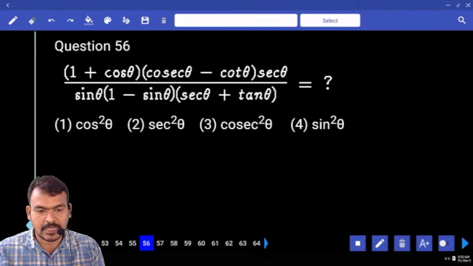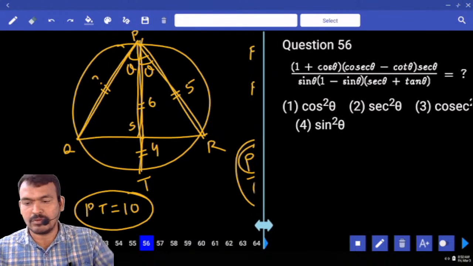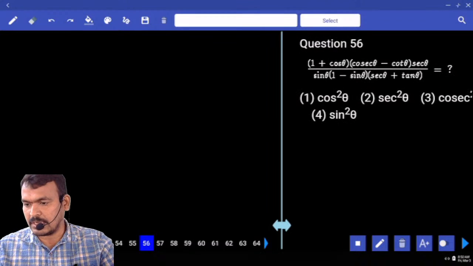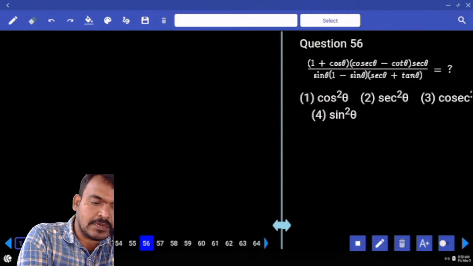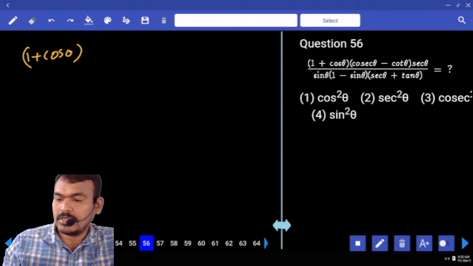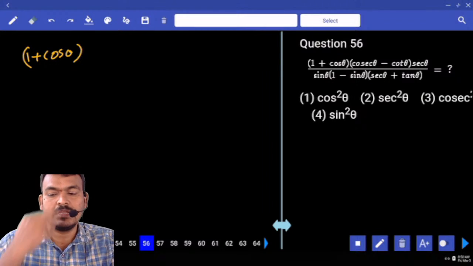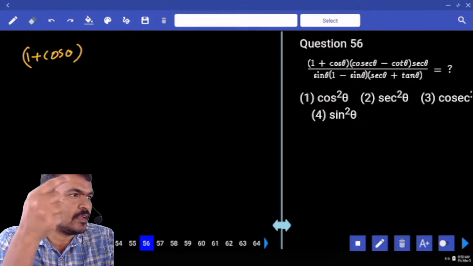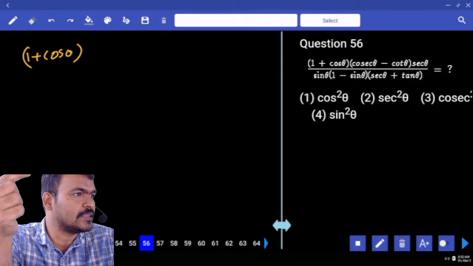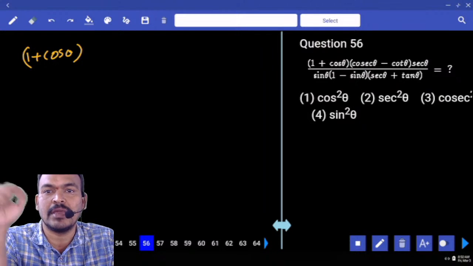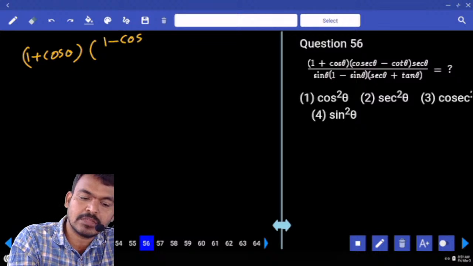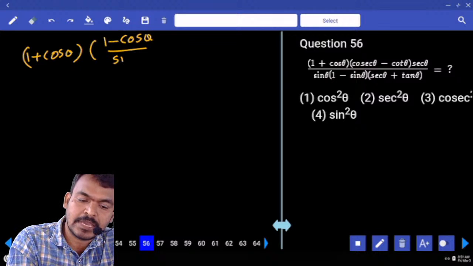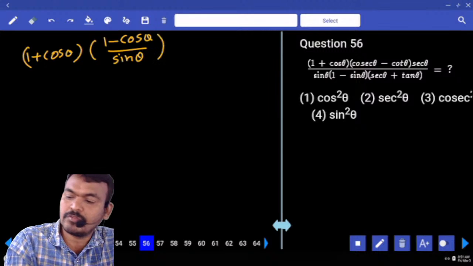1 plus cos theta into cosecant theta minus cot theta into how much value? Secant theta. 1 plus cos theta into cosecant theta minus cot theta. Cosecant theta minus cot theta means we write 1 by sin theta minus cos theta by sin theta. Then we are getting numerator 1 minus cos theta by sin theta into how much value?